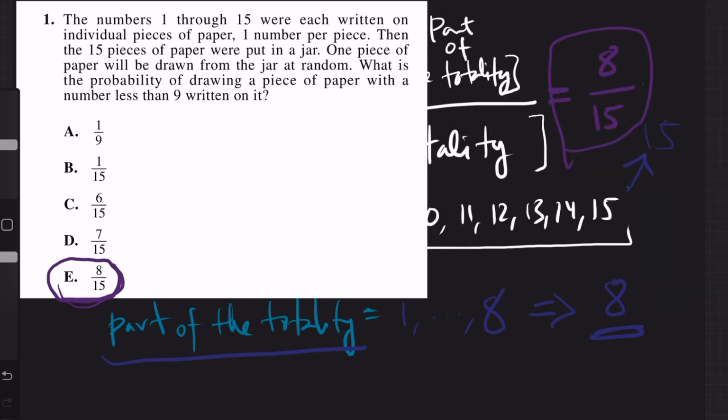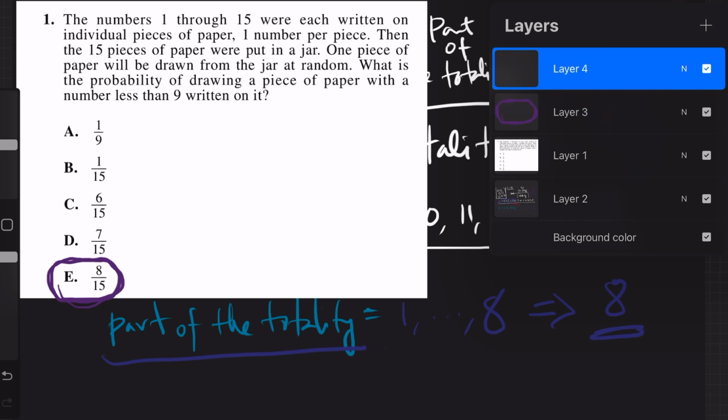Now, if we want some variations to this problem, we could also think, what would be the probability of drawing a piece of paper having an odd number? Remember that an odd number is any number that can be written in this way, where n is an integer.